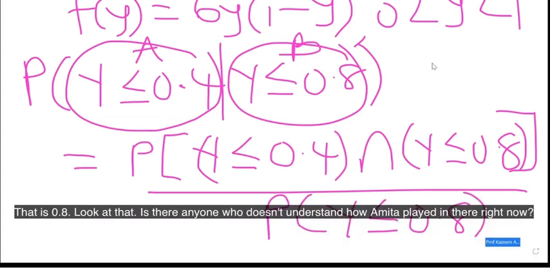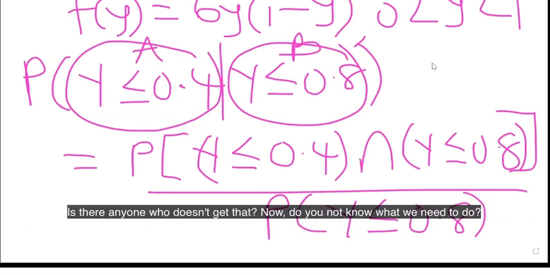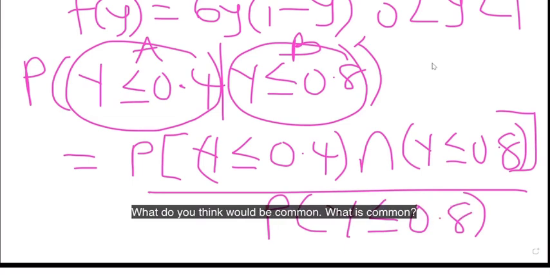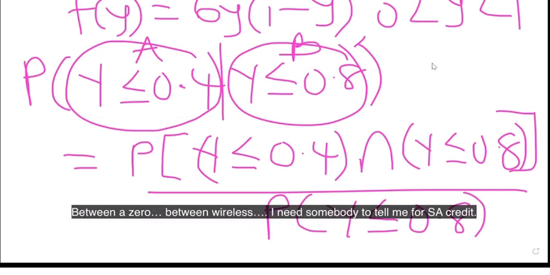Look at that. Is there anyone who doesn't understand how I'm interpreting that right now? Do you not know what we need to do? What do you think would be common between them? I need somebody to tell me, for extra credit. If you take a look at the numerator, what do you think is common between them?